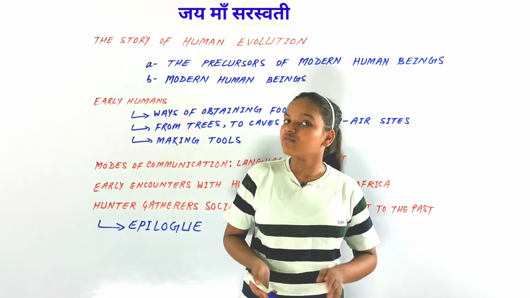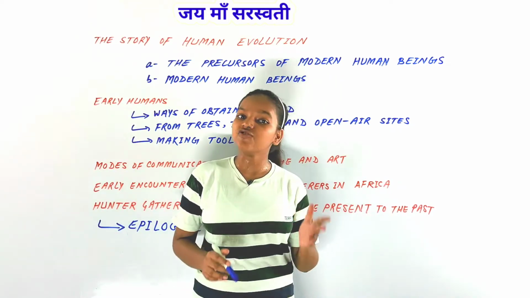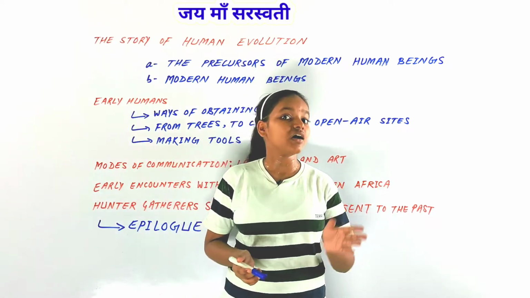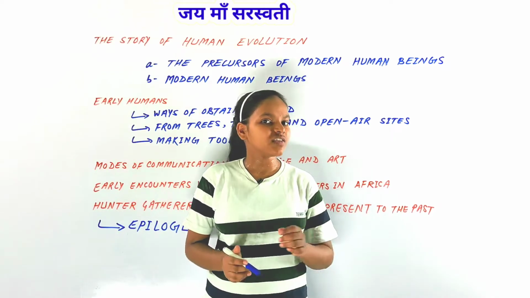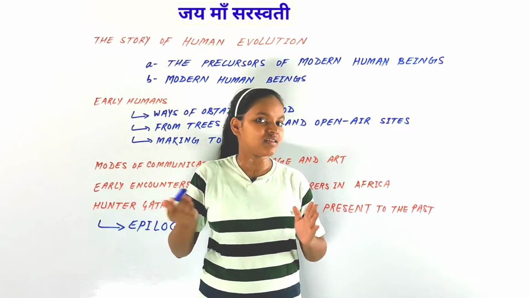Now in class 11th you have history as a mandatory subject, and in history you have many sections, and the first section is Early Societies, in which you have two themes. The first theme is From the Beginning of Time, and the second is Writing and City Life.